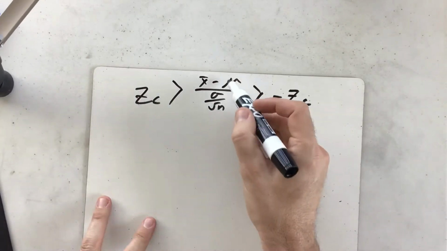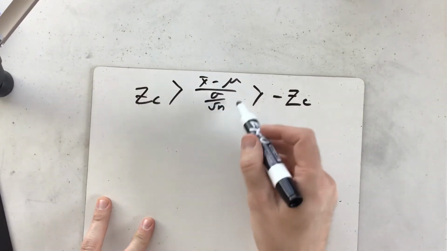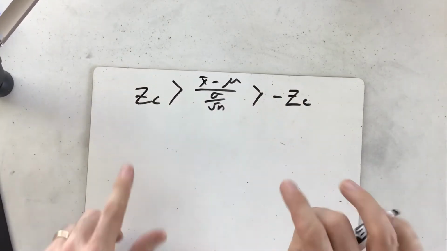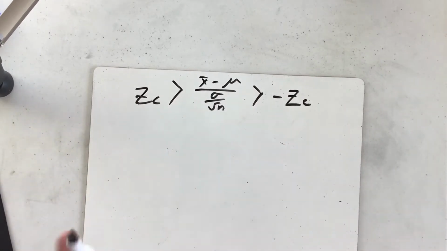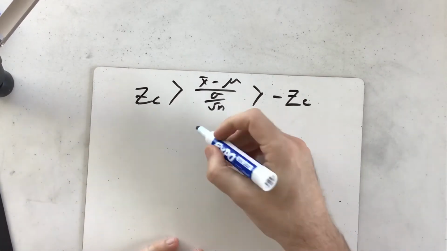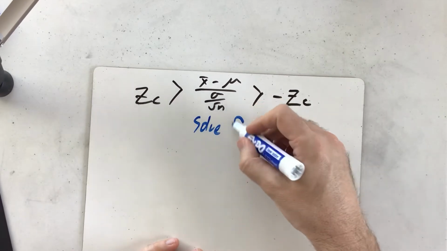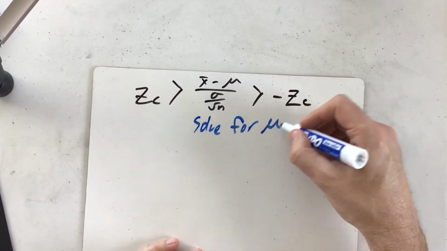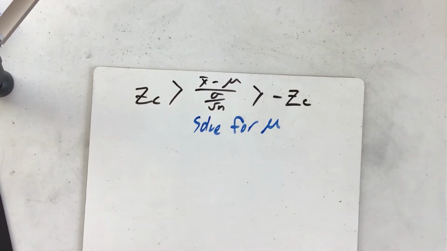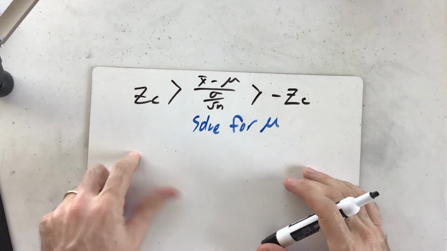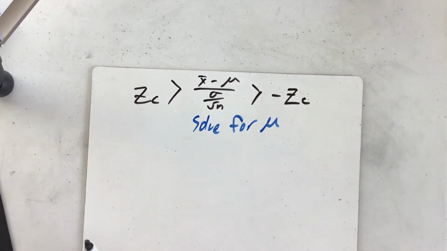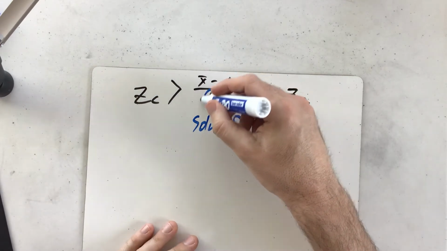So I'm going to write that z-score term here in the middle, and have ZC and negative ZC, and then I'm going to do some math. I'm going to solve for mu so that I get mu right in the middle. Now, to solve for mu, the first thing I'm going to do is multiply everything by the denominator.